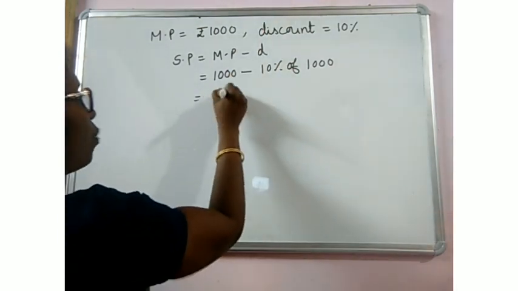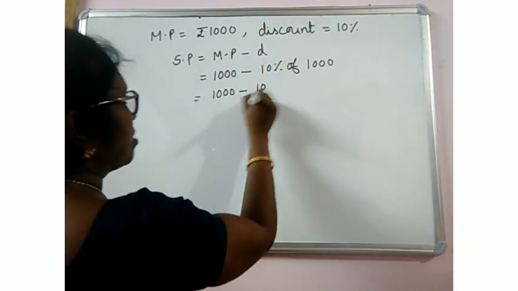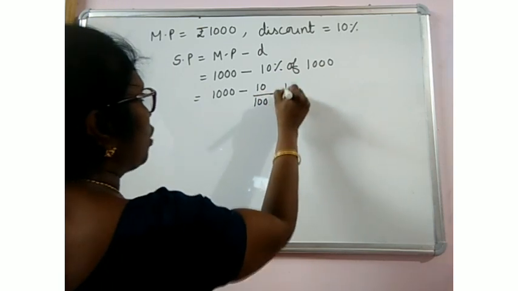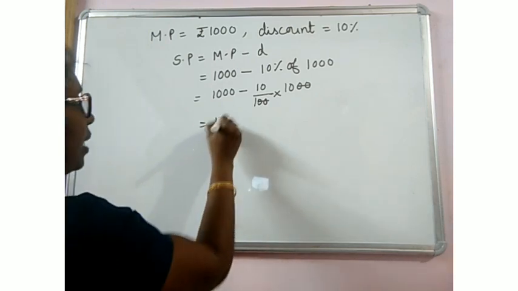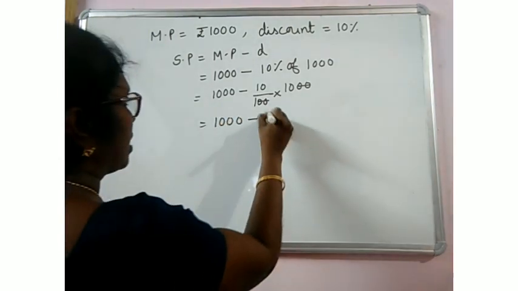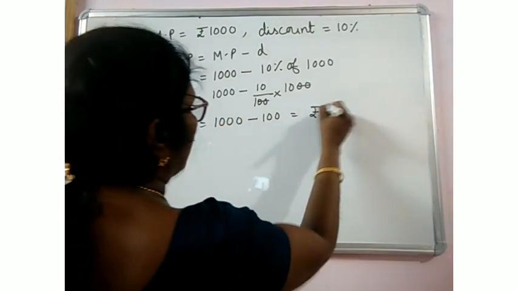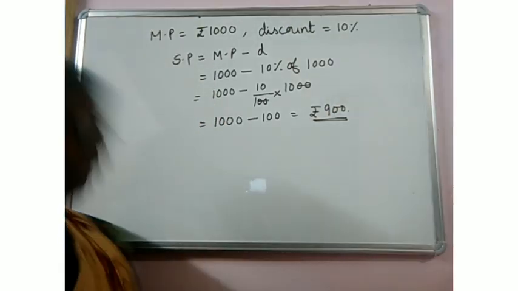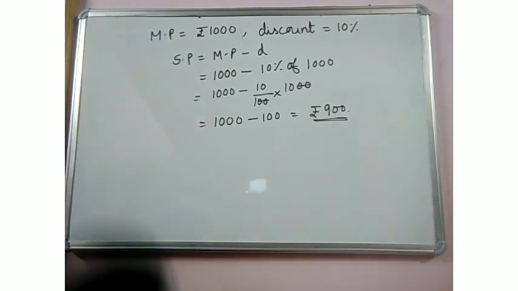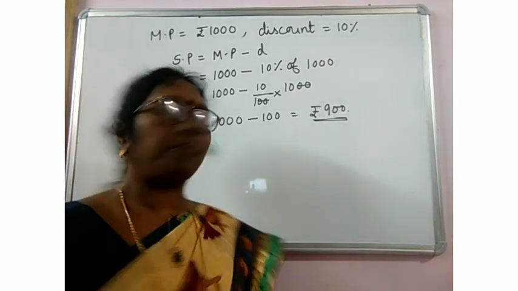So you will have 1000 minus 10 by 100 into 1000. Two zeros cancel. You get 1000 minus 100, which equals 900 rupees. That means the selling price of the article will be 900 rupees.